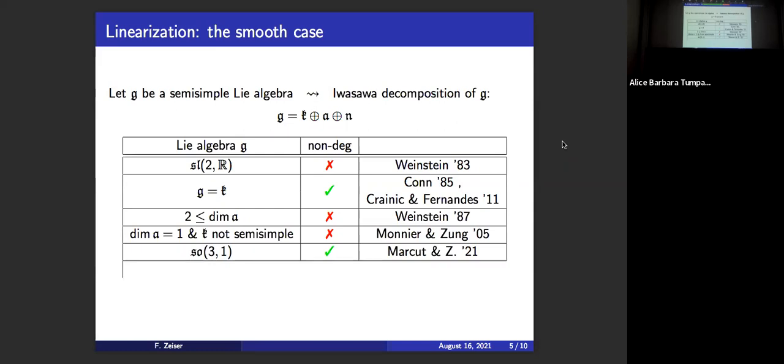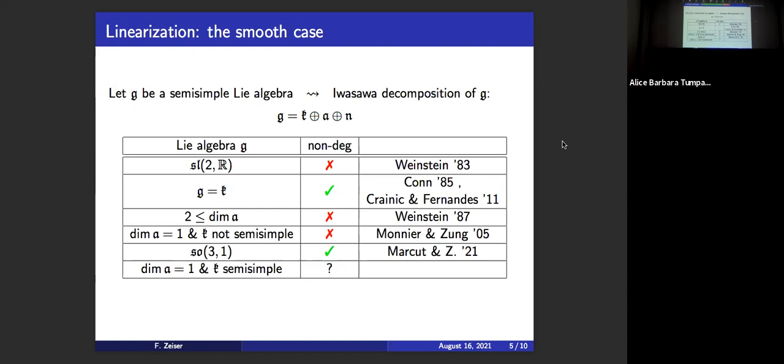As part of my PhD thesis, we showed that in this case, one can find such a diffeomorphism. The other cases remain still open, but the conjecture is that they are also Poisson non-degenerate. And the way we prove this is similar to Conn, using a Nash-Moser method, which I want to come to next. Okay, so that's the part about the linearization question.